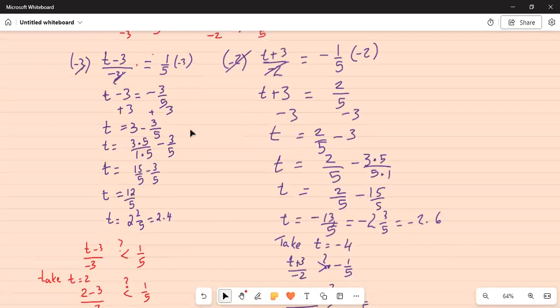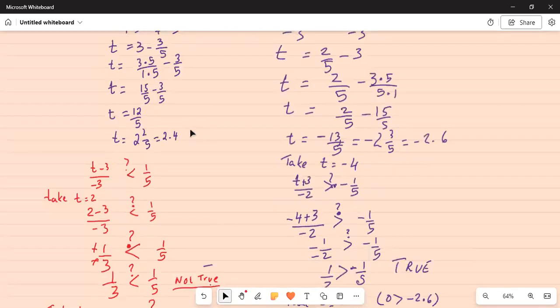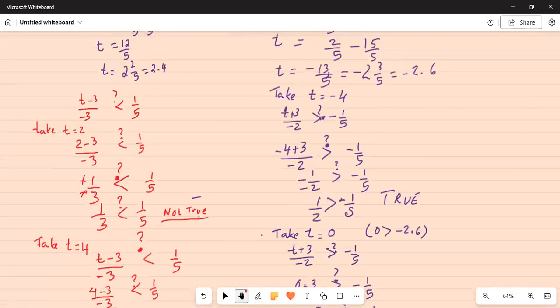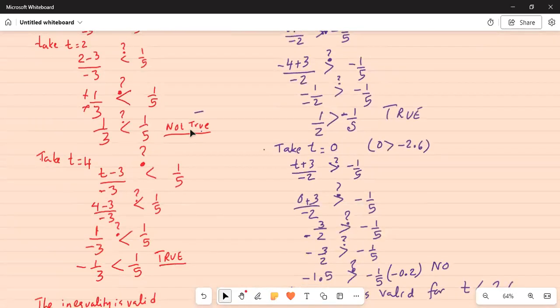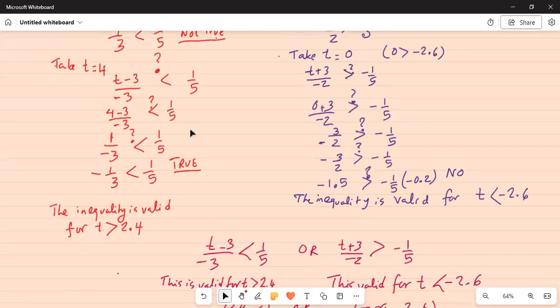And then take values on both sides of that solved value, on the left of 2.4 in the first case and on the right of 2.4. Okay, so on the left of 2.4, we took a number 2, and the inequality is not true. And then on the right of 2.4, we took a number 4 and saw that the inequality is valid. So the inequality is valid for t greater than 2.4.